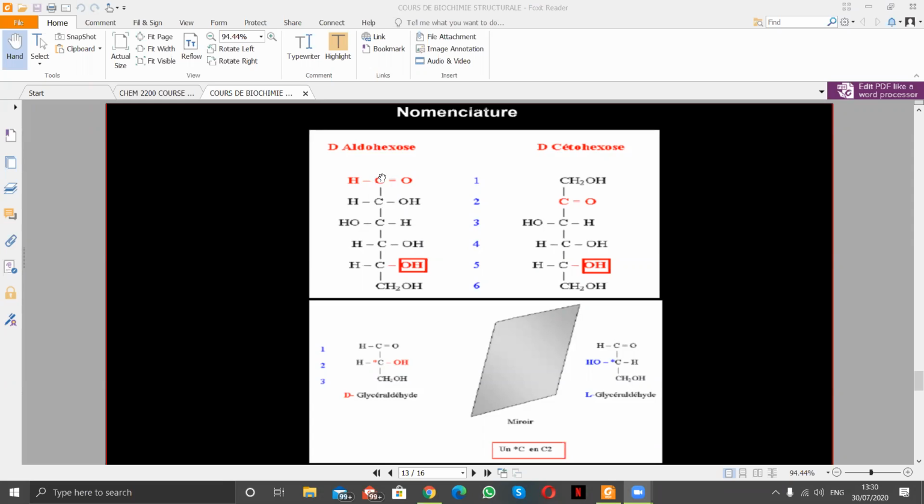Are we together? That's how I was saying it's different here, it's different here. Look at this. Here it's bonded to carbon, and here it's bonded to a hydroxyl functional group. These 2 are different. So I said it's different, but here and here it's the same.